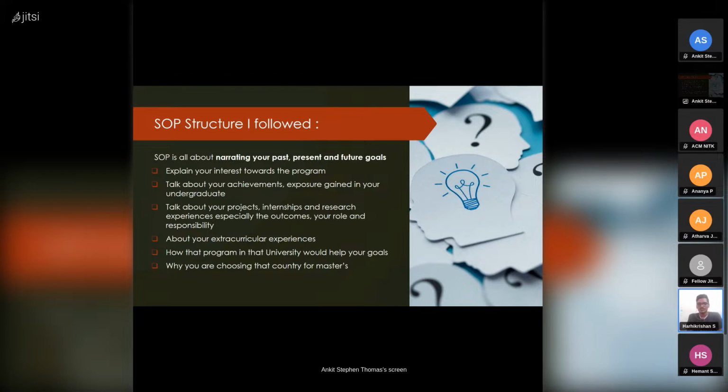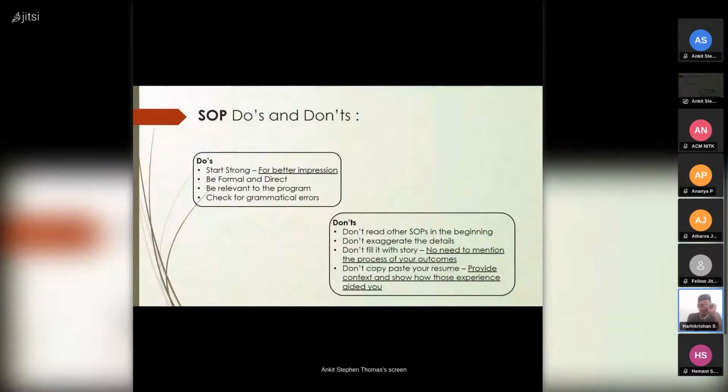When you are given that much scope, like 1,000 words for your SOP, then you can take reference from this itself. Or else, if there are specific instructions, then you can follow that specific structure, whatever method you have.